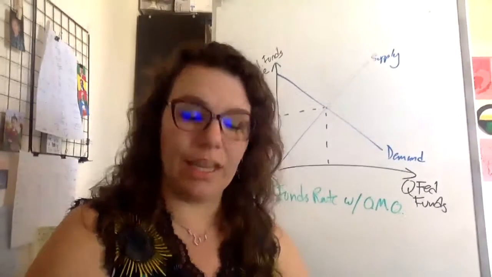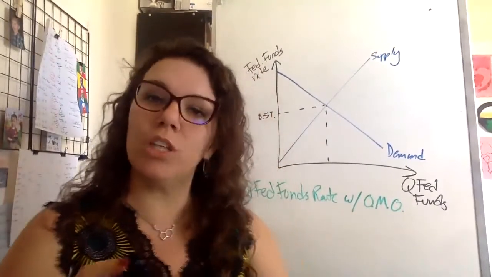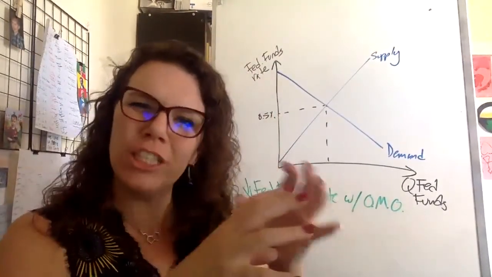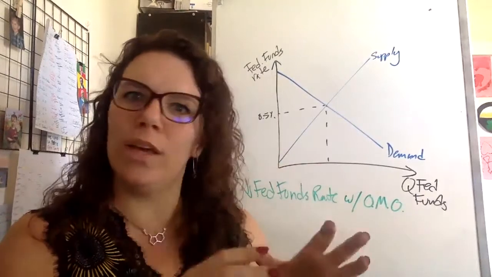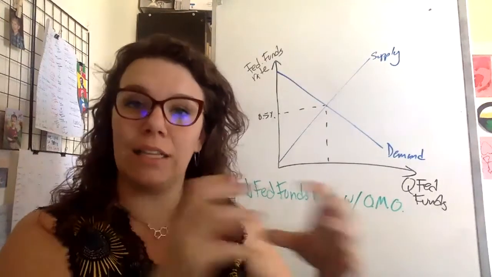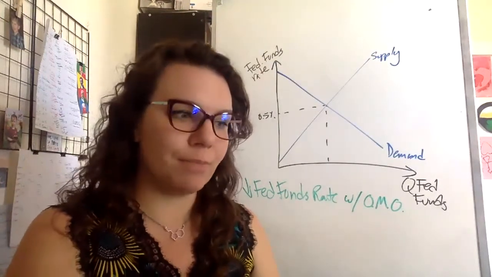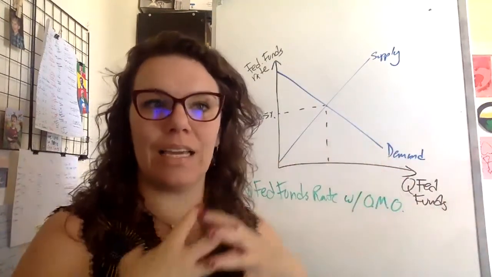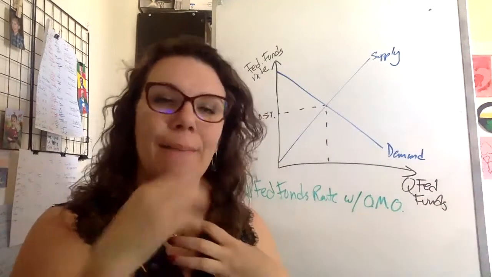And it's tricky. It's a little bit of a weird one because what we're talking about here is changing the liquidity of reserves for banks by buying and selling bonds. And so what you want to remember is if I'm buying, I'm taking assets and I'm putting money in.